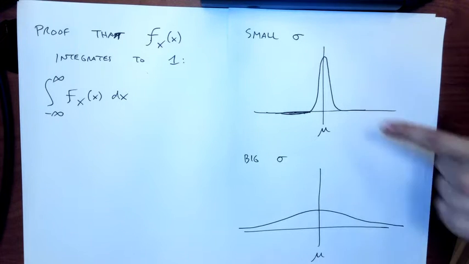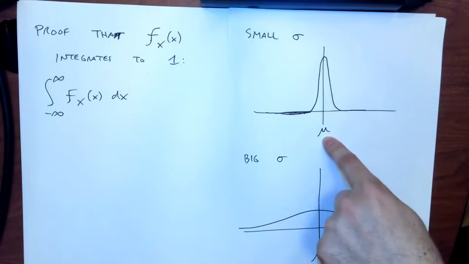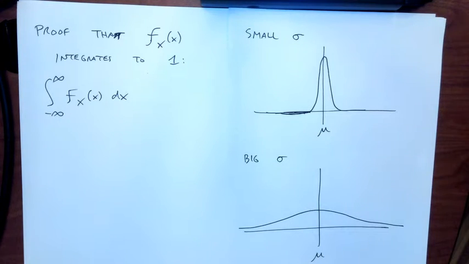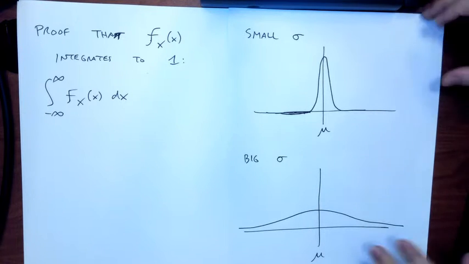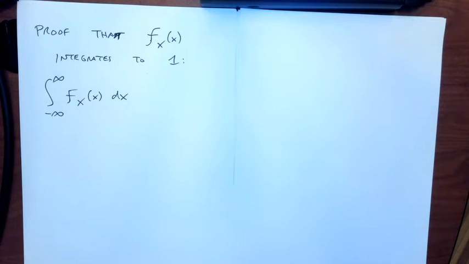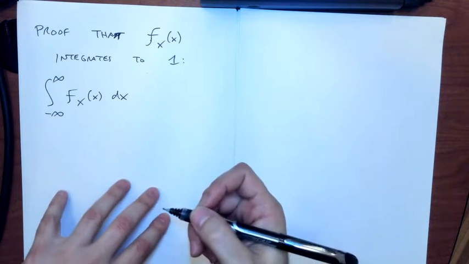So even for a very sharply peaked Gaussian, say with the mean at 0, there's still some infinitesimally small positive probability of things occurring way out in the range of 10,000 and 100,000, right? It's super, super duper unlikely to happen, but every value on this x-axis has some non-zero value of the PDF, which means I can't get away with simplifying this integral to some positive range. I've got to do the integral from minus infinity to infinity.